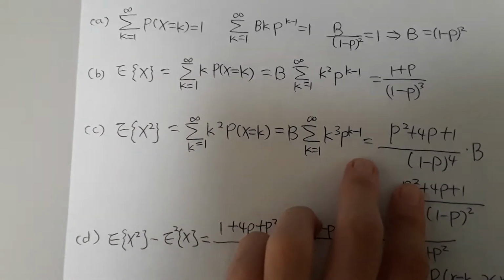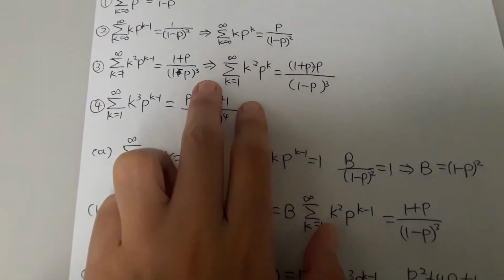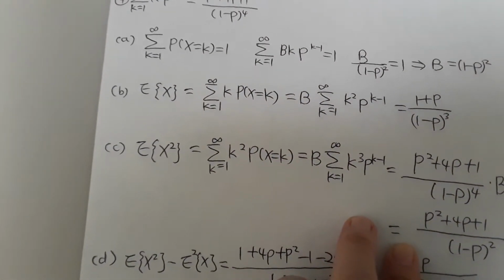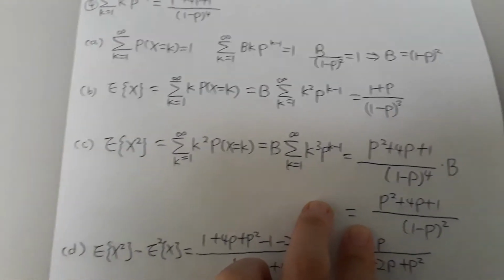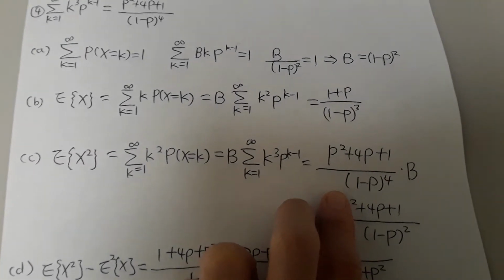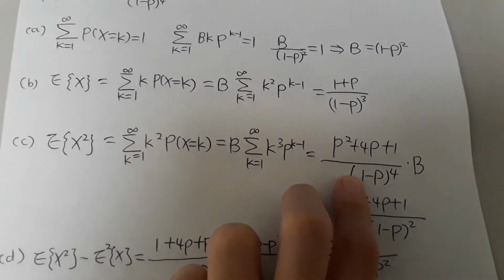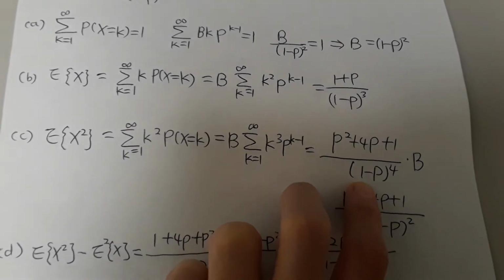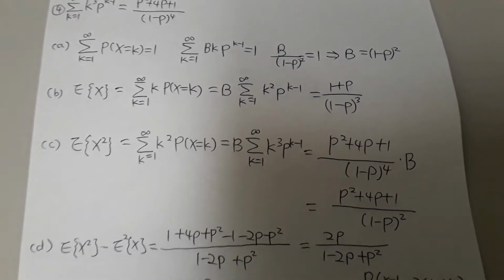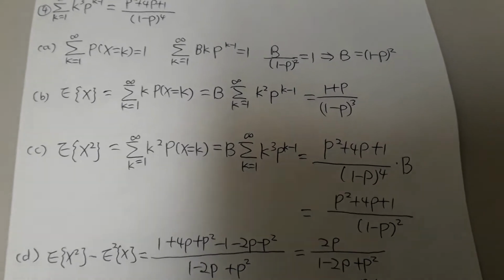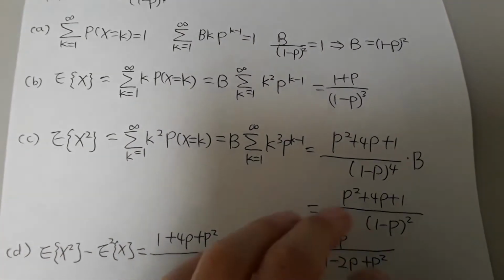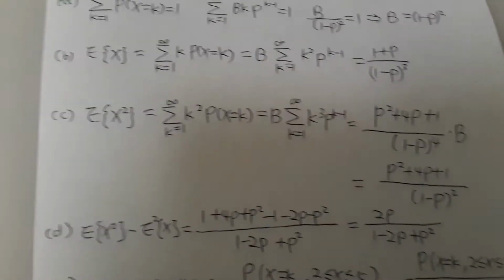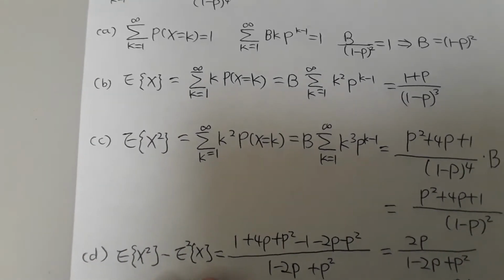Then I plug the fourth equation into this formula. I will get (p squared plus 4 times p plus 1) over (1 minus p) to the power of 2. This is the answer of question C.